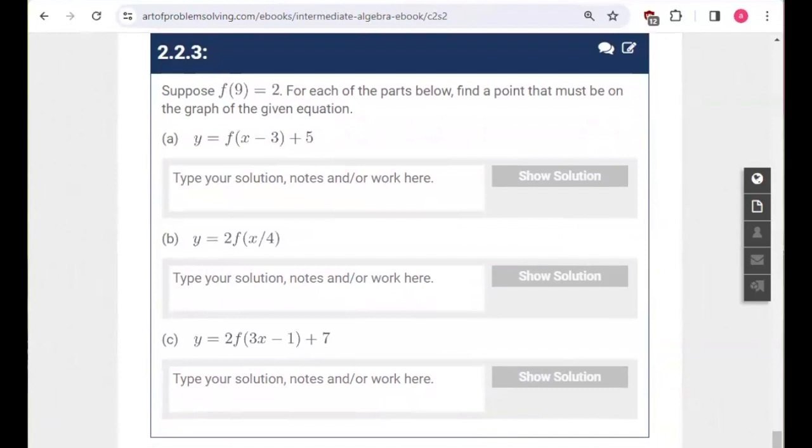Okay. This one sounds a little challenging, doesn't it? Yeah. But it isn't actually. Oopsie, 2.2.3. Hang on, let me redo this. Okay, can you name the point that we're dealing with?